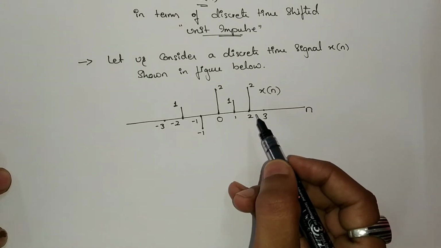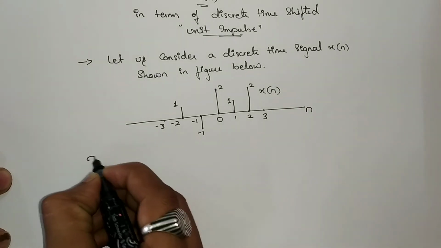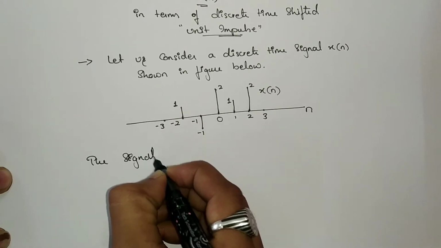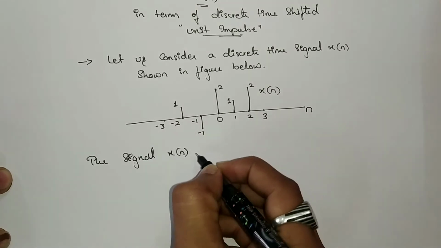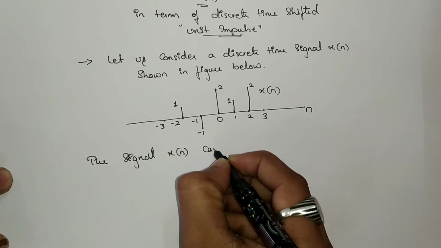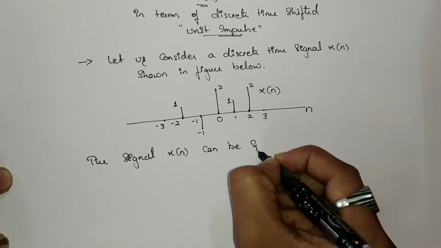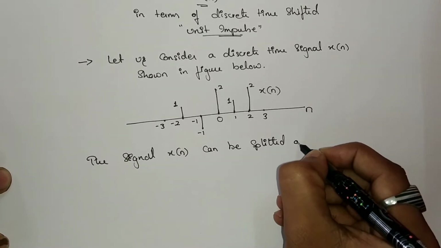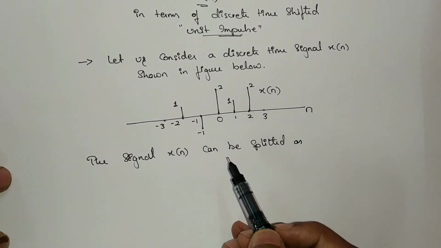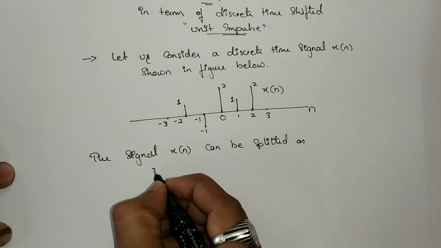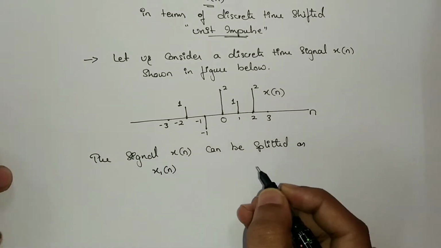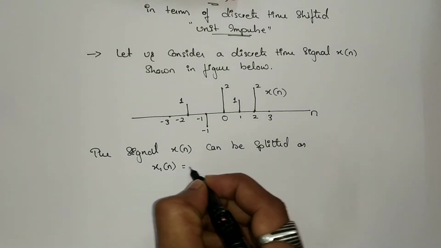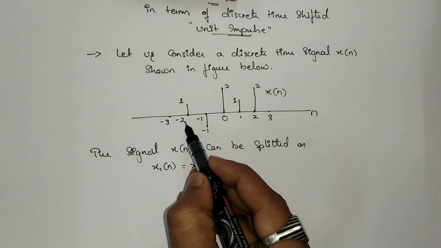Here we have the signal x of n, which can be split. I am going to split it first as x1 of n, which is equal to x of minus 2 into delta of n plus 2.